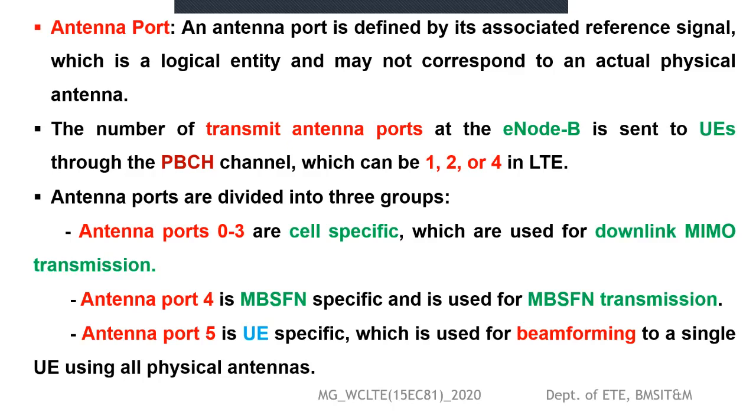Antenna port 4 is MBSFN specific, MBSFN being the multicast broadcast single frequency network, and is used for MBSFN transmission. Antenna port 5 is user equipment specific, used for beamforming to a single user equipment using all physical antennas. So these are the 3 categories: cell specific, MBSFN specific, and user equipment specific.